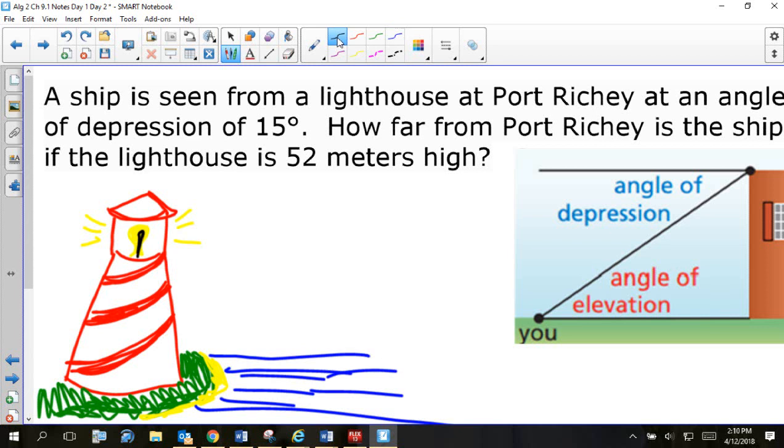Okay, so now I've got this port, and I've got a ship somewhere out at sea. And let's see, the lighthouse is 52 meters high. What are you confused about? What's confusing?